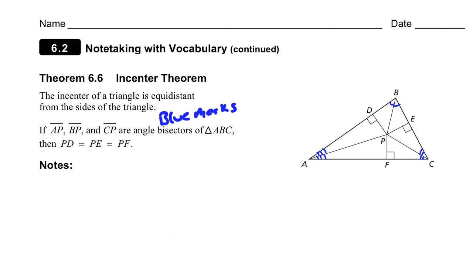And then they all intersect at point P, and this will be my red marks, where our angle bisectors meet, that point is now equidistant from the sides. Remember, the sides are measured by a perpendicular. So those would all be congruent.